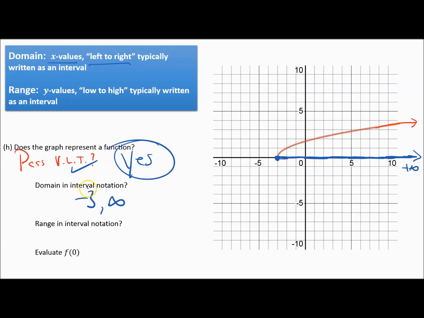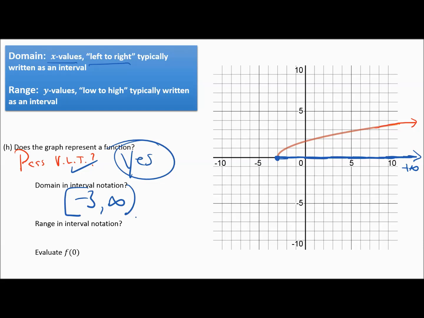Now, the negative 3 has a bracket because that point is included. I made a big deal about including it there. But now, the infinity symbol always has a parenthesis around it, always, okay? And since it has a parenthesis around it, because you never actually get there, you just keep going and going and going, that's what you'll always do. So anytime you see an infinity symbol in interval notation, always use a parenthesis. And there's your domain. All right?